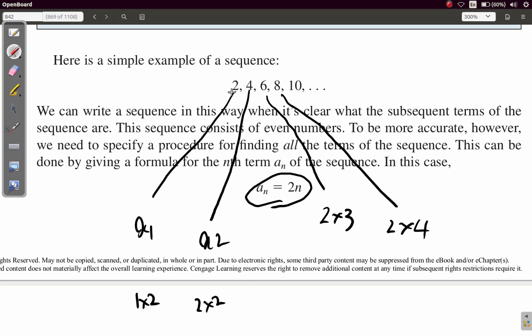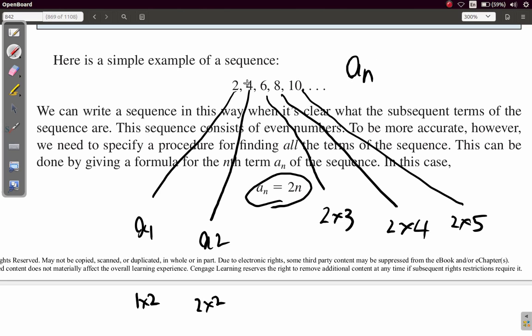First number is in position 1, second number is in position 2, third in position 3, the fourth number in position 4. 2 times the position gives you these. It seems to be working. The fifth number is in position 5. Multiply 2 by 5, you get 10.